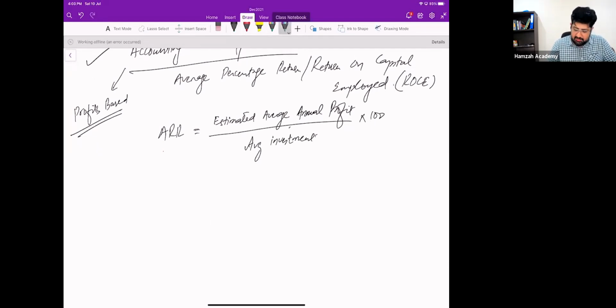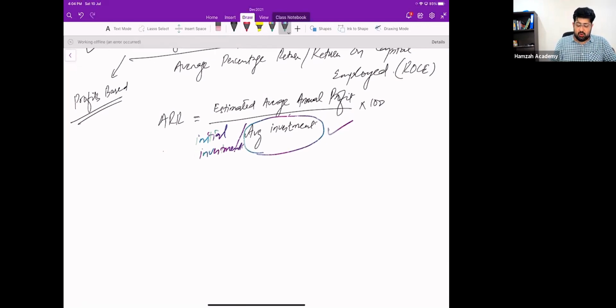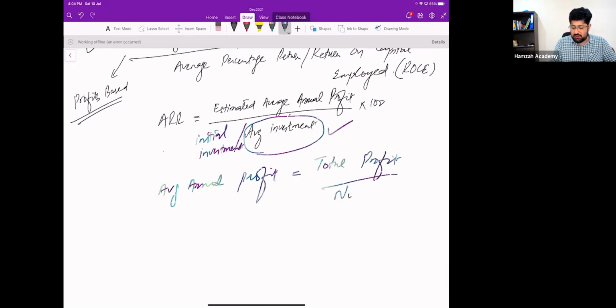Sometimes you may see initial investment here. But remember, average investment is preferable by the examiner. You have to use this average investment. Now, average annual profit: how to calculate? Total profit divided by number of years.